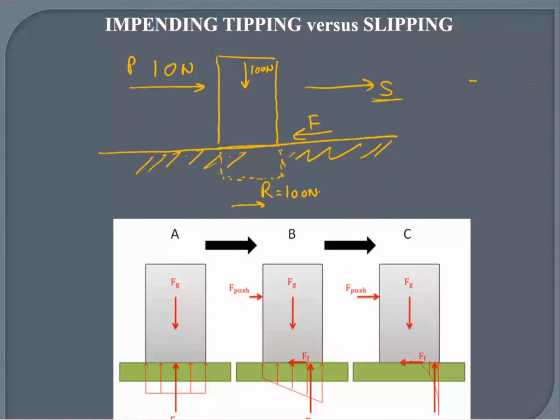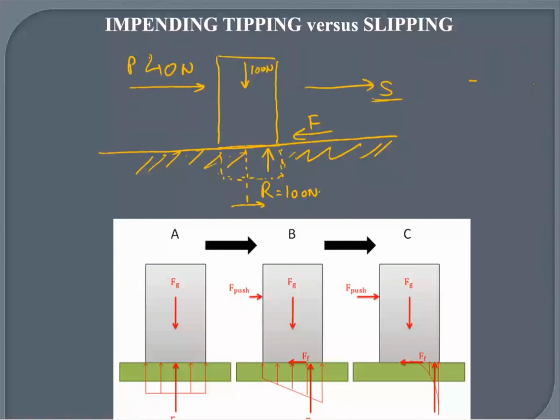My R moved from this point, let me show a dotted line, and it's moved to this point. I increase it to 40, object is not moving, my R moved to this point. Object is not moving. So my F is also 40.